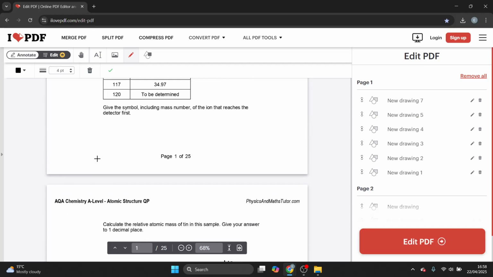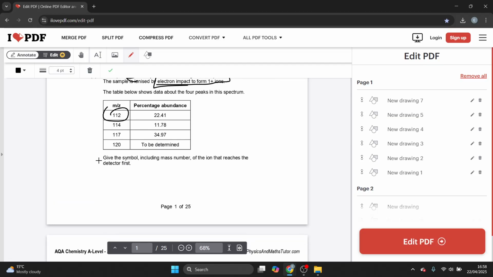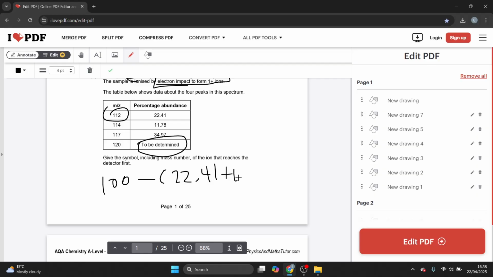And then calculate relative atomic mass. That's going to be very easy because all I have to do is find this, which is 100 minus 22.41 plus 11.78 plus 34 minus 97, because obviously percentages add up to 100 generally.